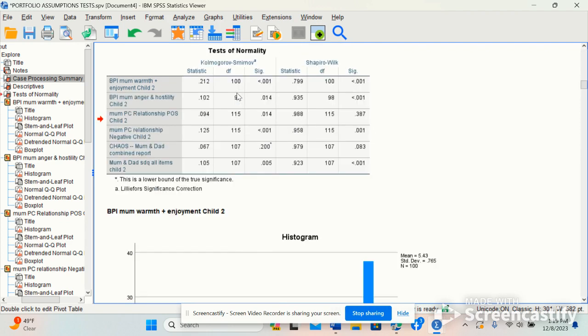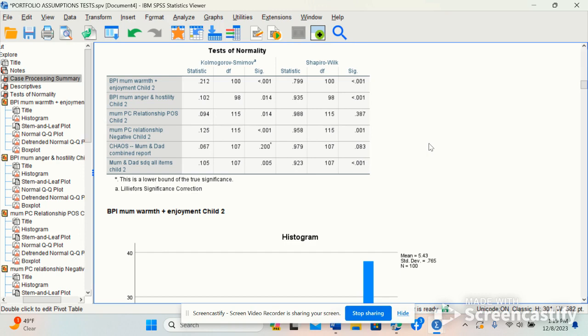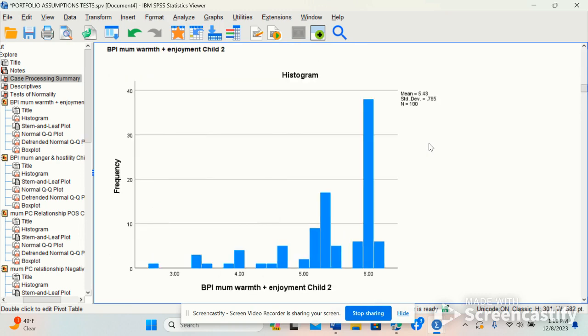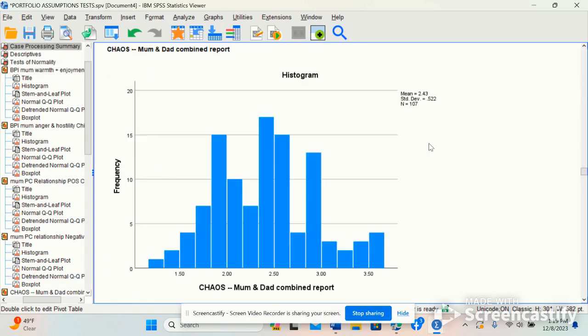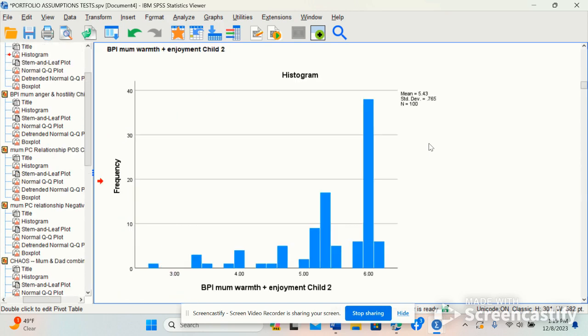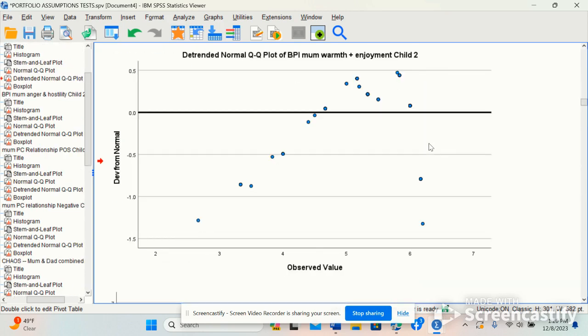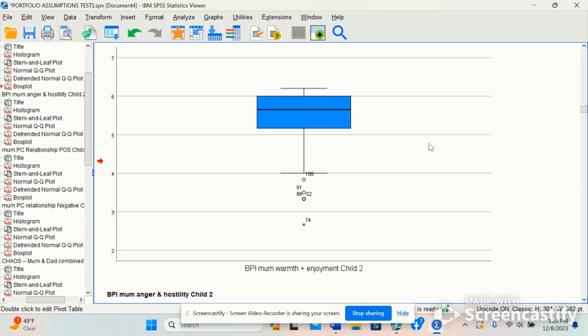Almost every single one of them except for chaos was significant, which basically shows that it's not normal. So then I went further and was looking at things, and see, all of it's really weird.